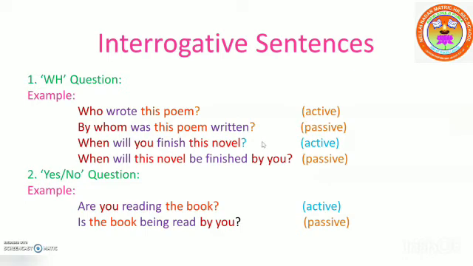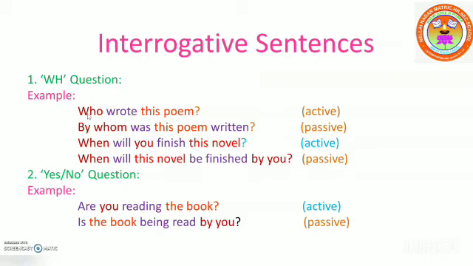Next, we will see interrogative sentences. Interrogative sentences are question sentences. So question sentences are also translated into passive voice. First, we will see WH questions. In a WH question, we should begin the sentence with the same WH word used in the active voice.